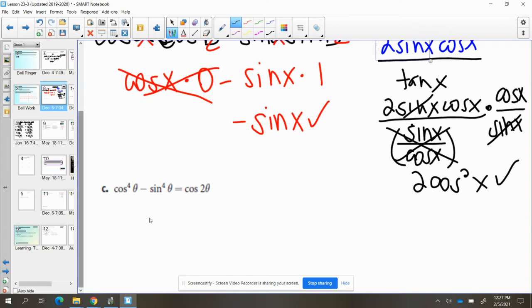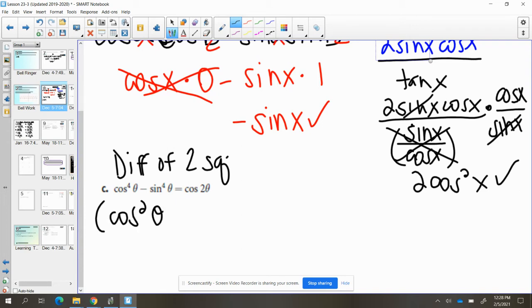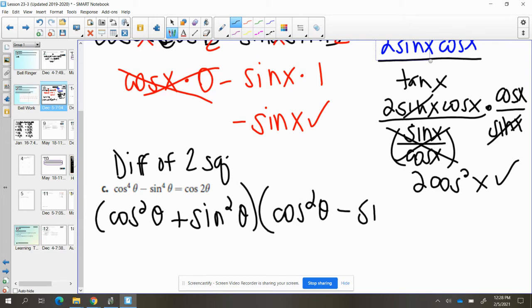Okay. Last example is looking at this as a difference of 2 squares, because officially cosine to the 4th is cosine squared squared, and sine to the 4th is sine squared squared. The difference of 2 squares, reminder, we can factor so that one is a positive, one is a negative, kind of conjugates here.